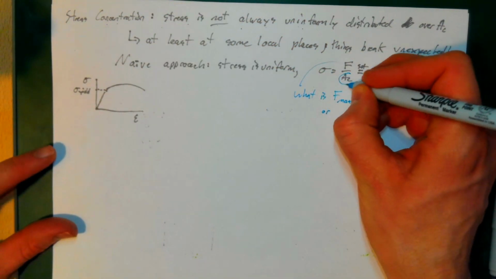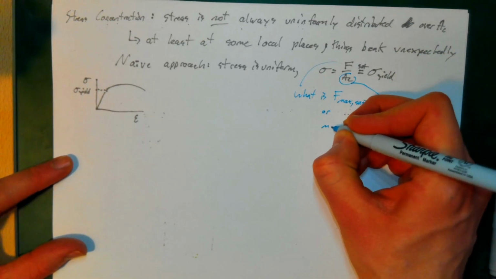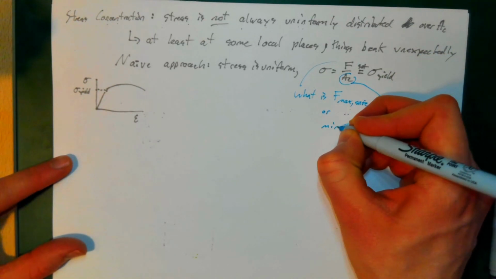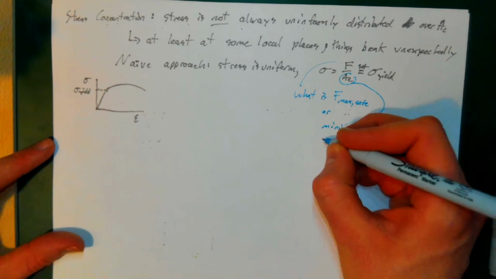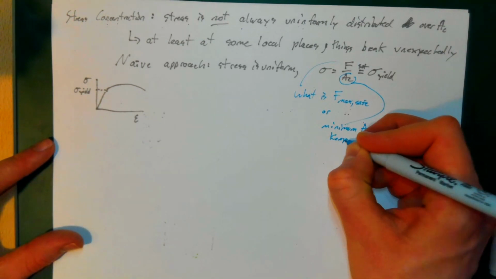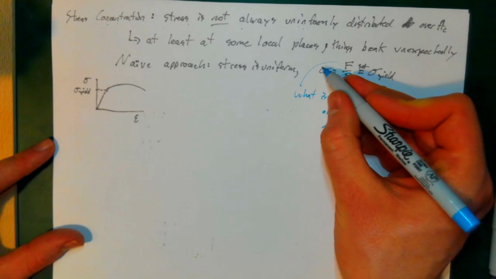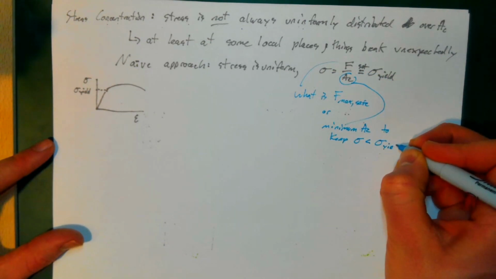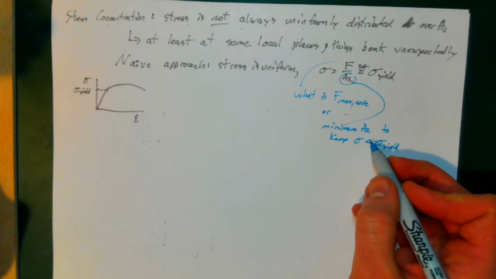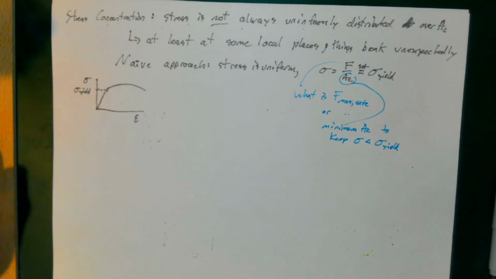Or it might say, hey, what is the minimum cross-sectional area to keep sigma, to keep our stress less than the yield stress.